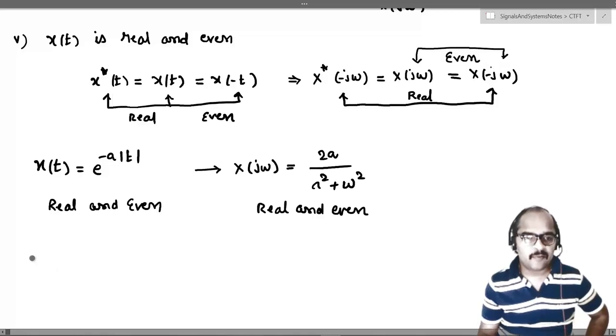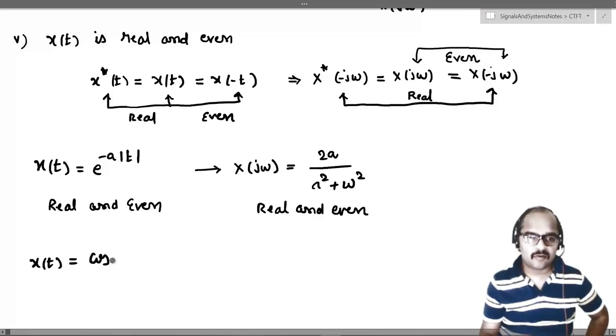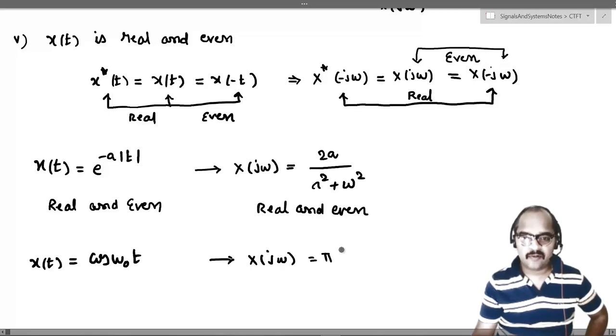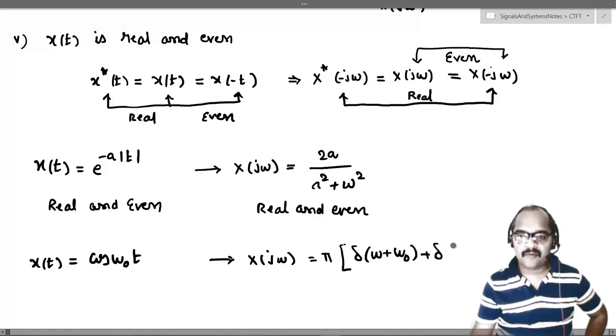Okay, we'll take one more example. X of t equal to cos omega naught t. So what will happen? The corresponding Fourier transform is x of j omega, which is equal to pi times delta of omega plus omega naught plus delta of omega minus omega naught.